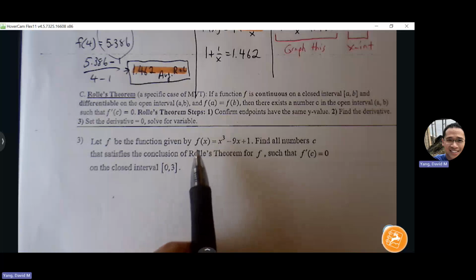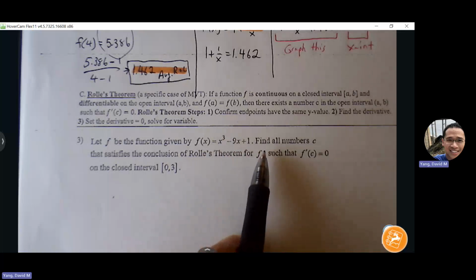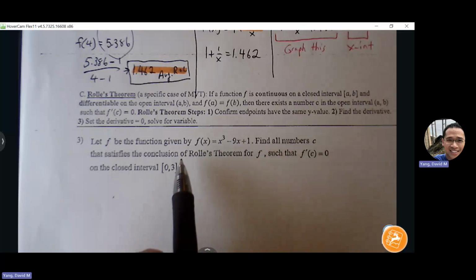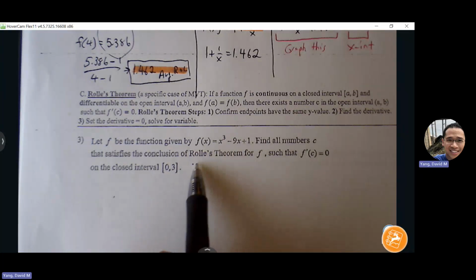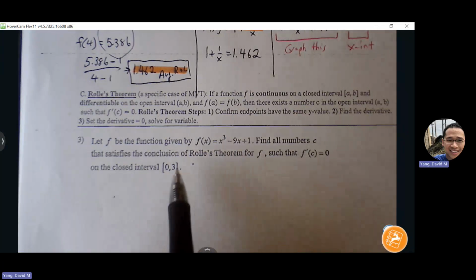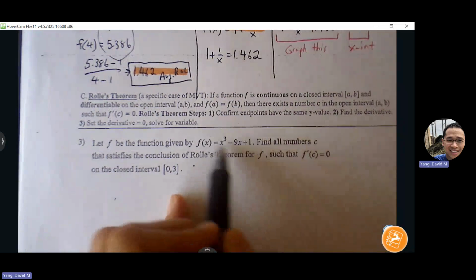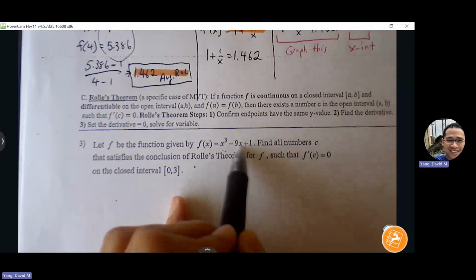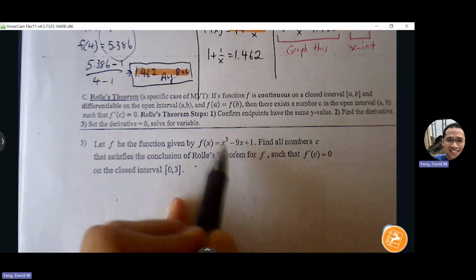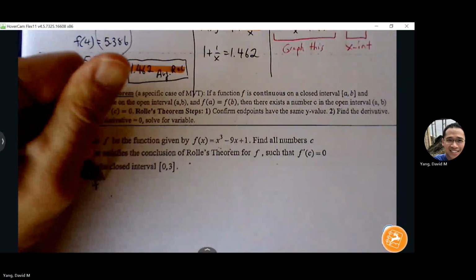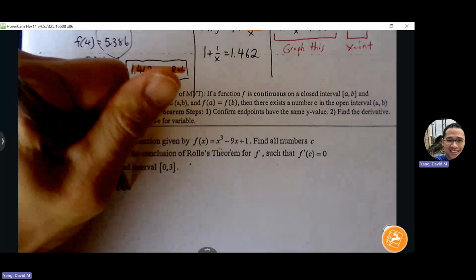Let f be provided by f of x here. Find all the numbers c that satisfy the conclusion of Rolle's theorem, such that f prime of c is equal to 0. Okay, so we go through our conditions here. Our function is continuous and differentiable because it's a smooth curve. State those conditions out.